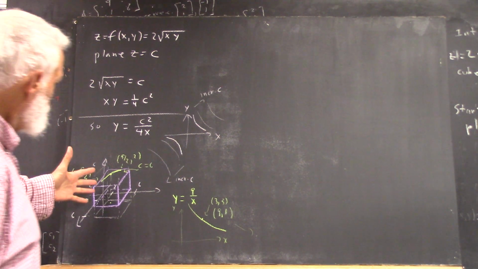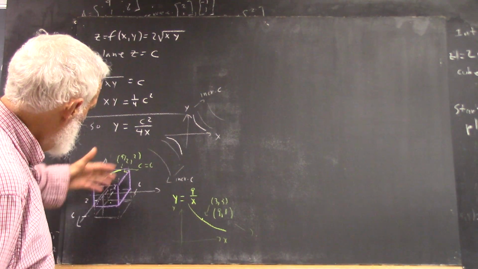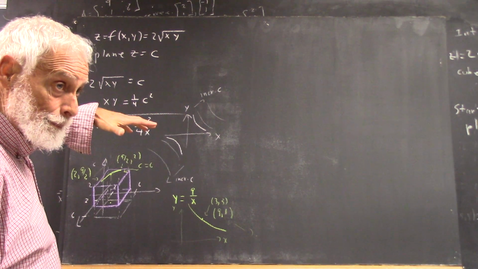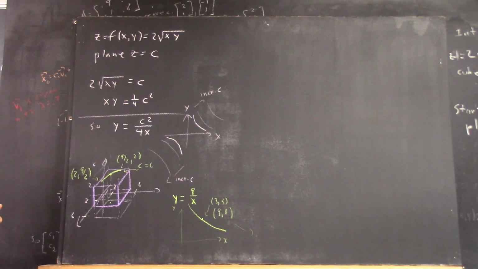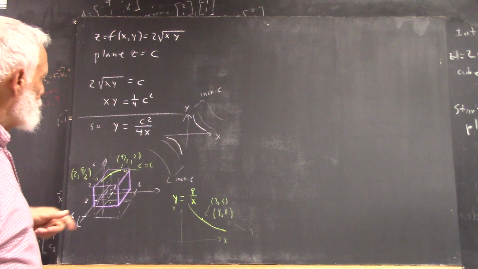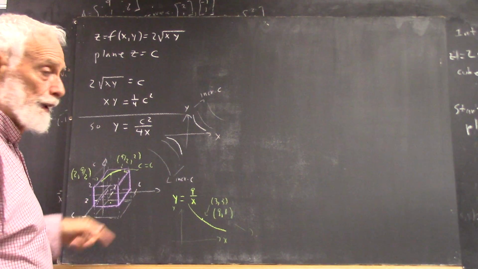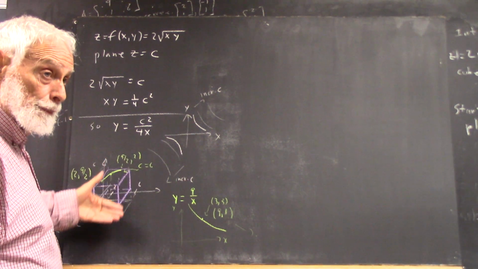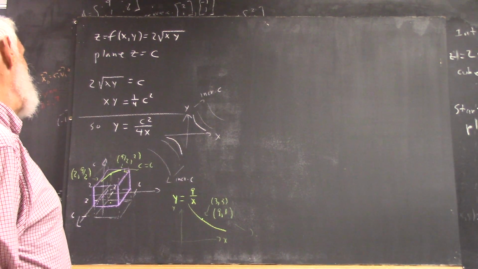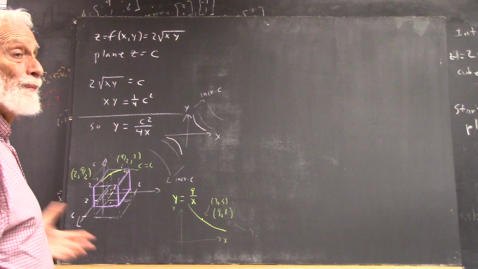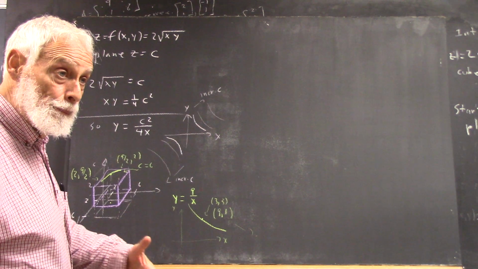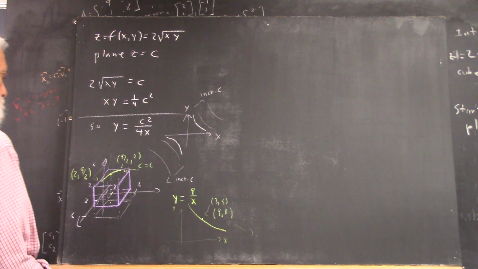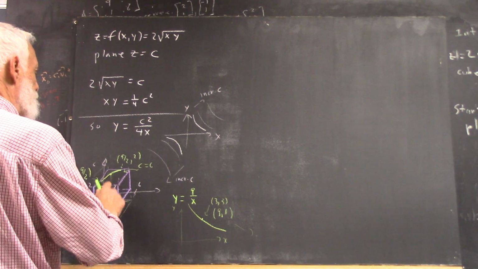Well, it's kind of shaped like this as you come away from the origin, okay? Which means that, well, along this side of the cube, over here, what's the intersection going to look like? Well, maybe it's a straight line, maybe it's something else, you can work it out, but it's got some intersection, and that intersection kind of goes back toward the origin.